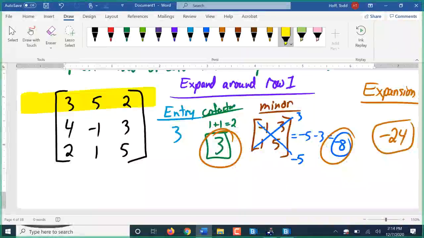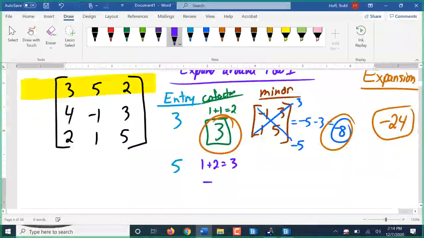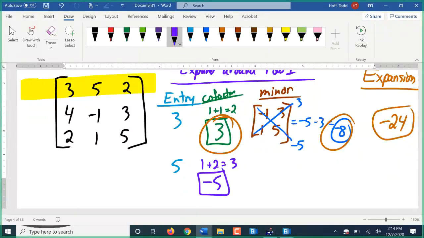Need to expand now around the entry of a 5. Well, that 5 is in row 1, column 2, which adds up to 3. That's odd. So negative 1 times the entry, or negative 1 times 5, gives us a cofactor of negative 5.